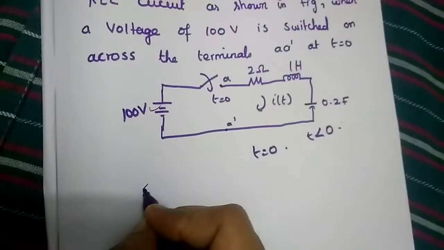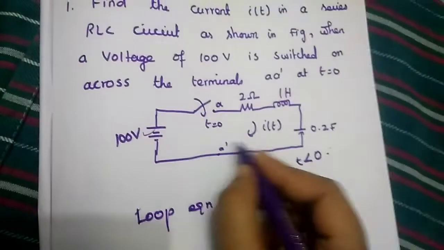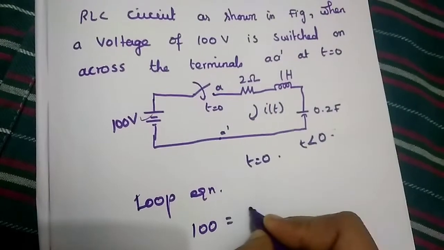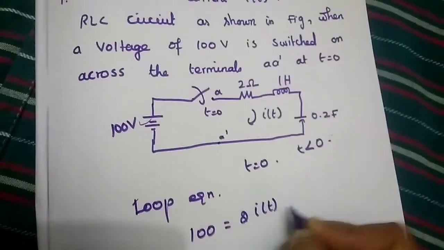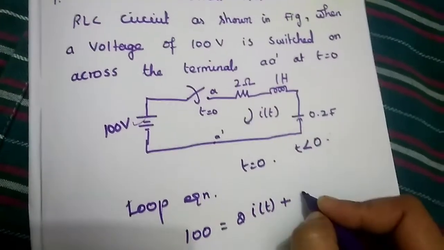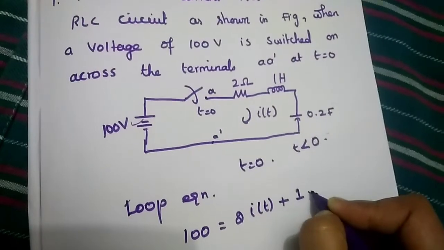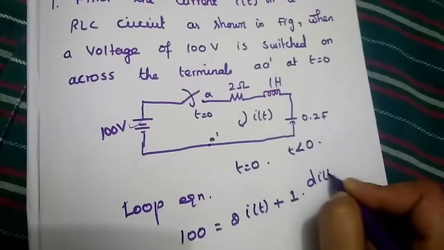So first step is we have to write the loop equation. So this is a single loop circuit. So we can write 100 is equal to 2 i(t) plus, for the inductor, this is the 1 Henry inductance value, and we can write this as a derivative.